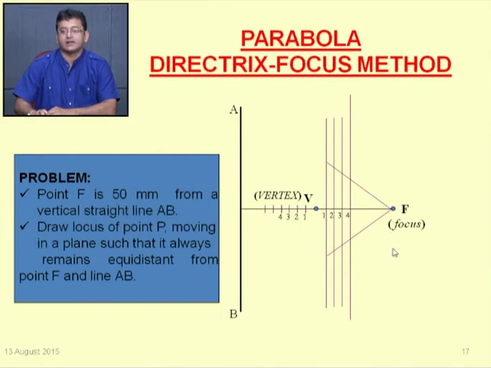Similarly, take a distance, or you can say radius, of F2, and from F as center draw an arc which intersects the vertical line drawn from line 2. Locate all these points above and below the axis.